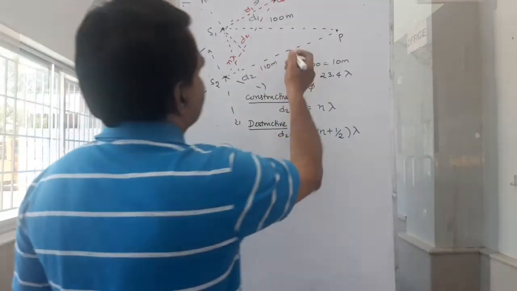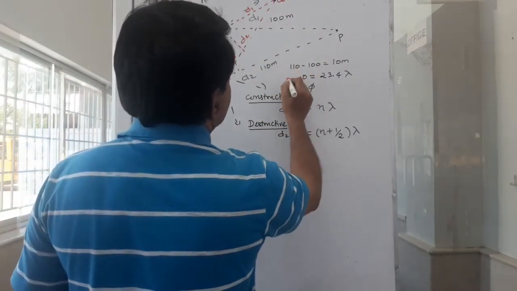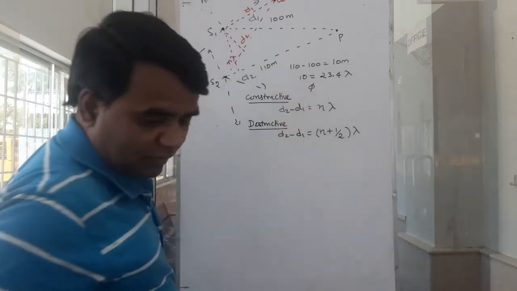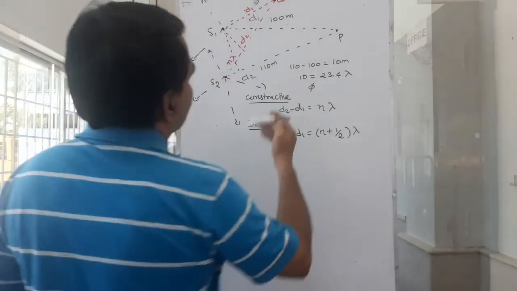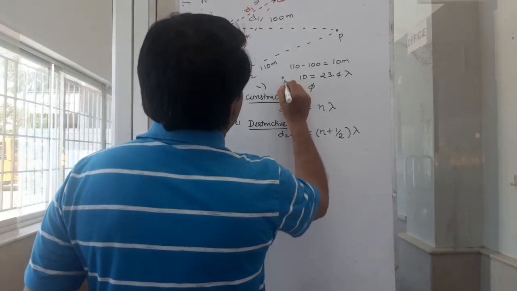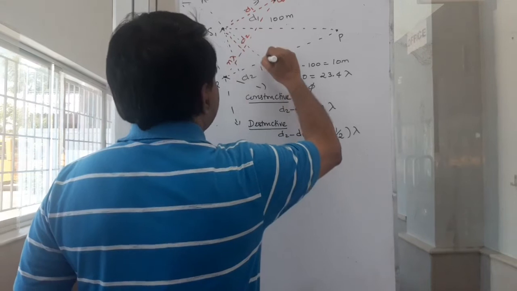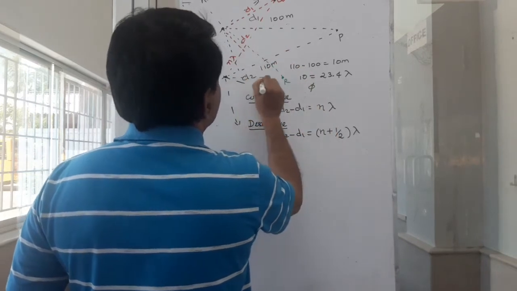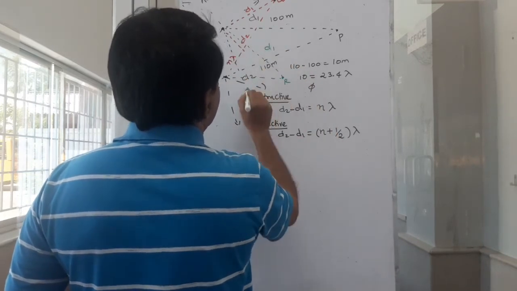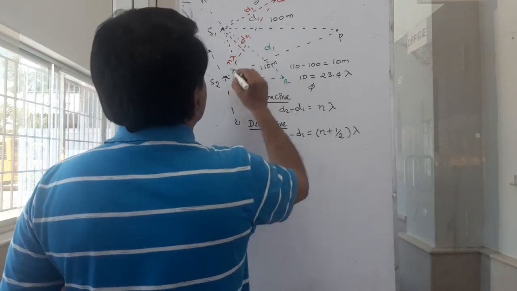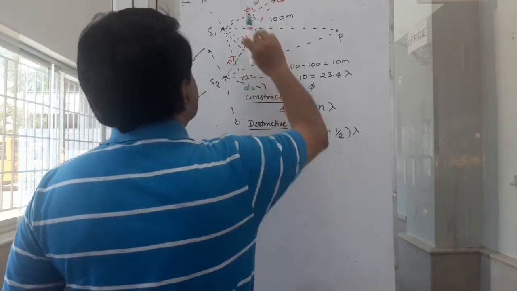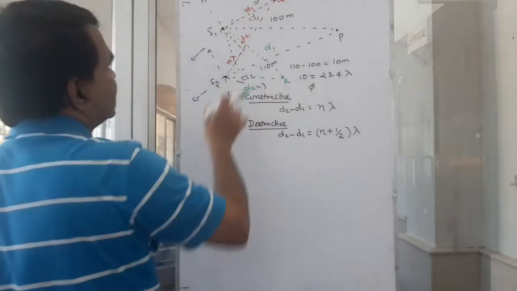Maybe I'll take another point somewhere here, in a different color. Point R. Then also you see here that is D1, D2. Note here, in this case this is bigger than this.